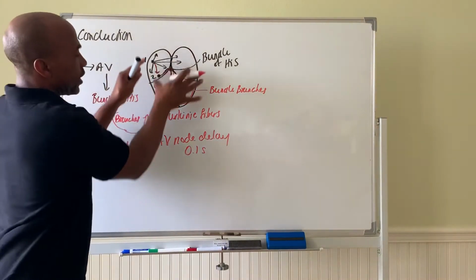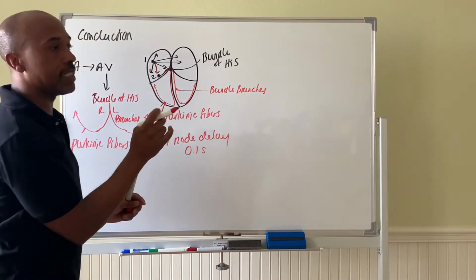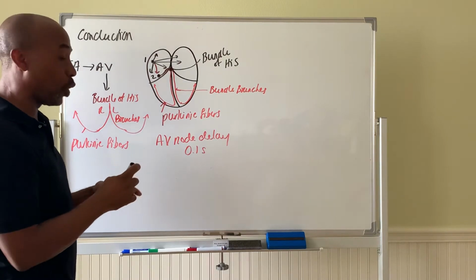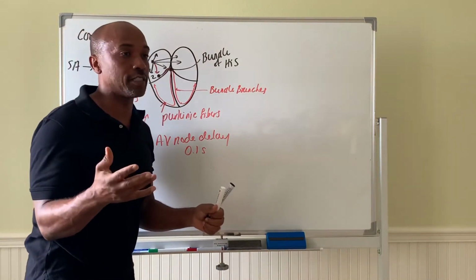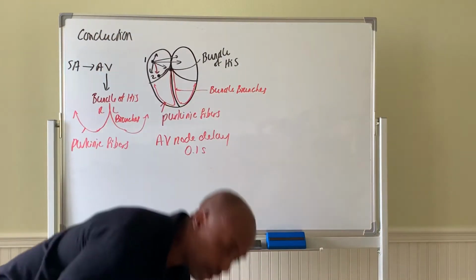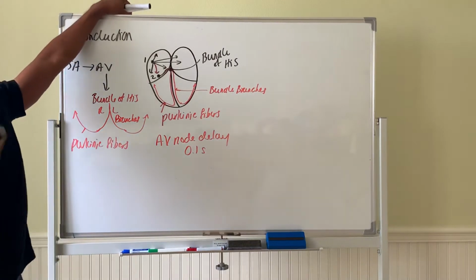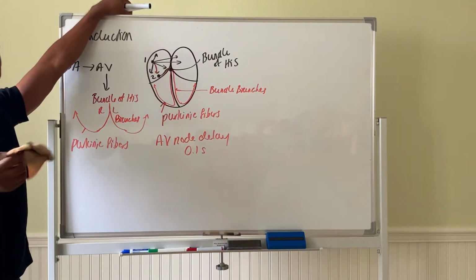Now, once this spreads around the heart, this electricity must then turn on the non-pacemaker cells. And so those non-pacemaker cells have their own type of action potential. I mean, the muscle cells, so they can certainly fire. So let's look at the action potential of your non-pacemaker cells, okay?